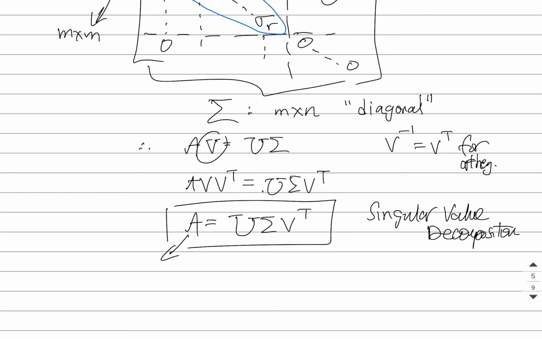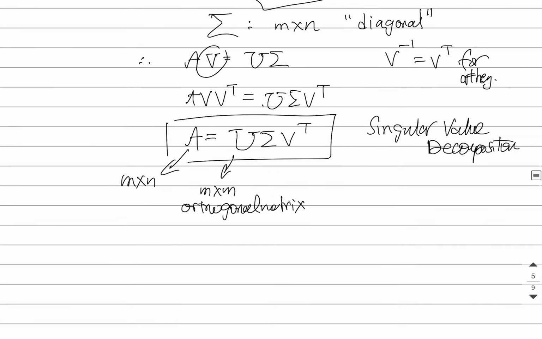I take my matrix, m by n, for any matrix, any size. U is an m by m orthogonal matrix. What it does is it has an orthonormal basis for Rm, the output space.